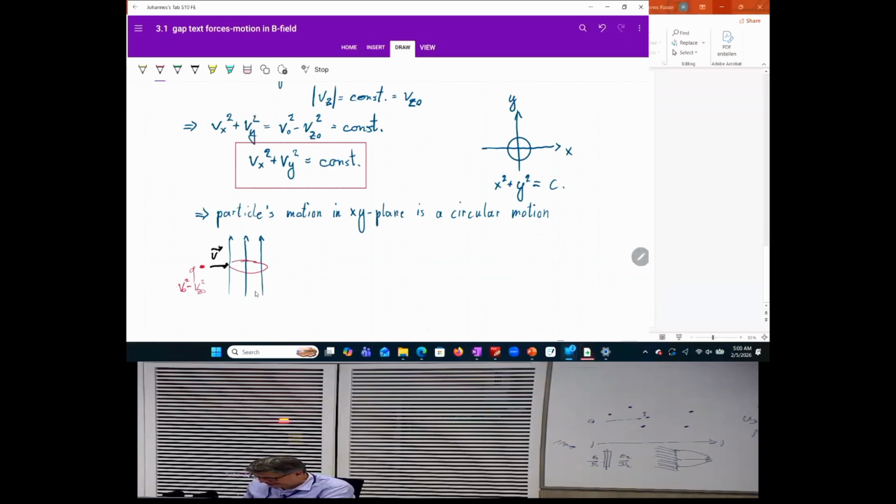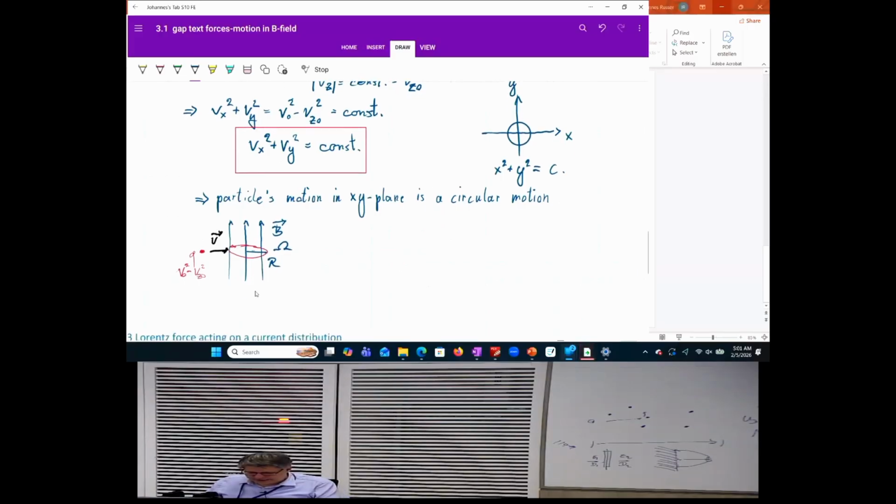You basically have circular motion here, and this is your B field, the lines, and this is a circle with a radius r and a cycle frequency. You have that resulting velocity vector.